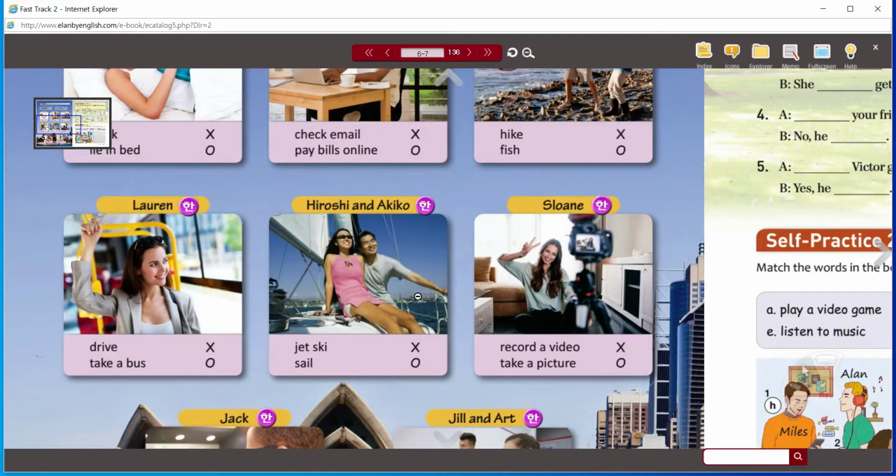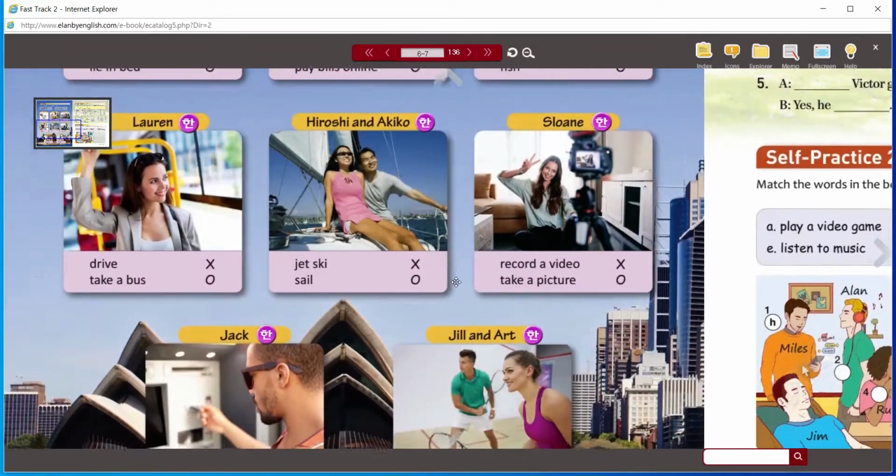You can see from the picture, outside, sitting on a boat. Are Hiroshi and Akiko jet skiing? Ski would be the verb. Are they jet skiing? The answer? No. They are sailing. They're sailing. That's what they're doing right now. Maybe later they will jet ski. Right now, they are sailing.